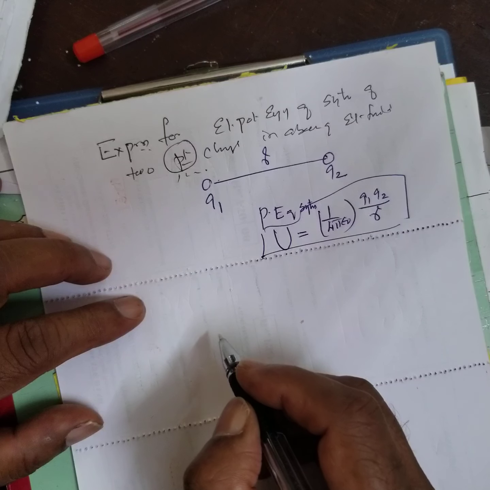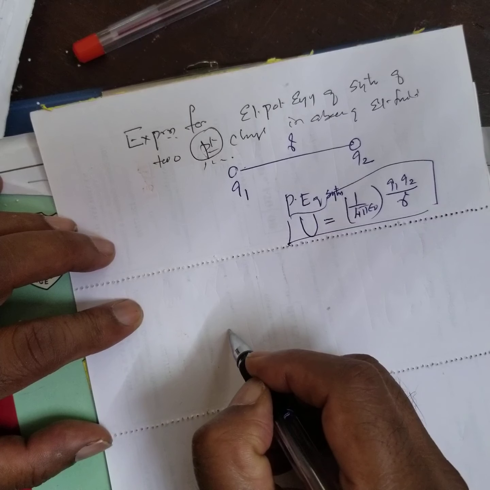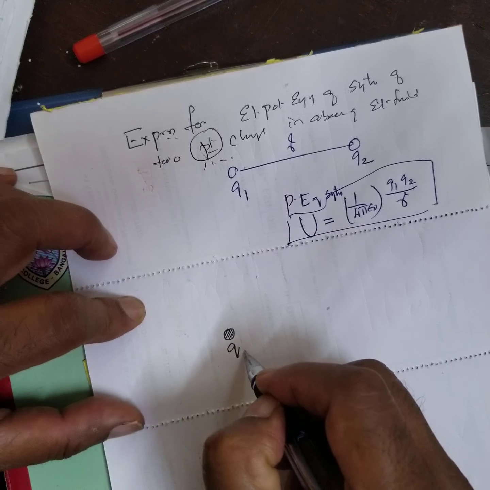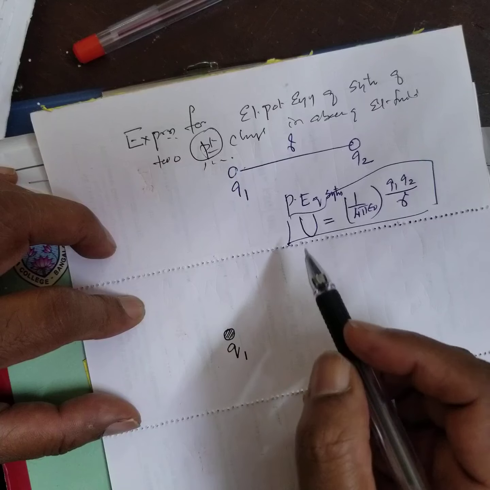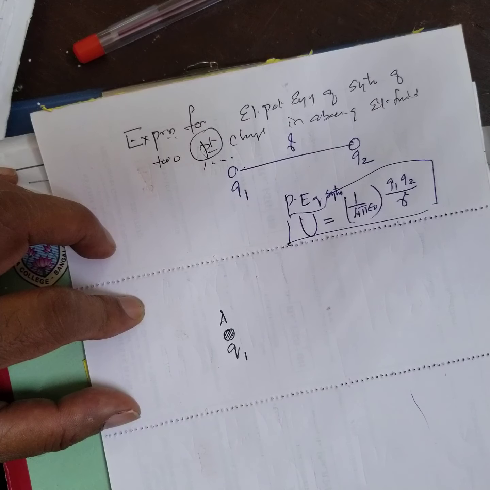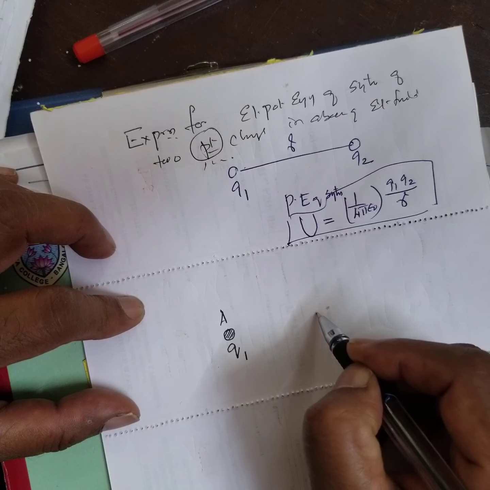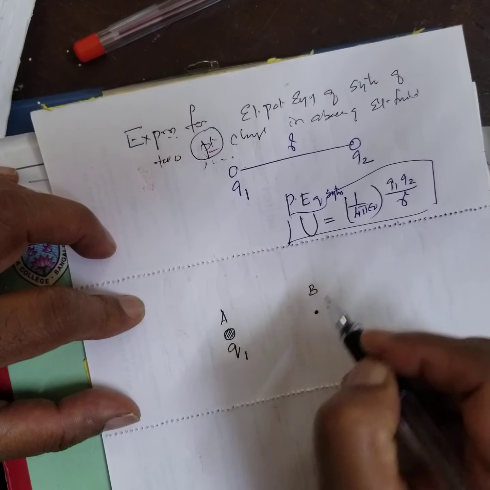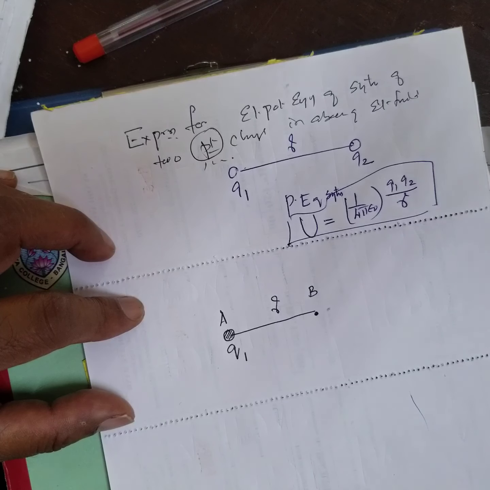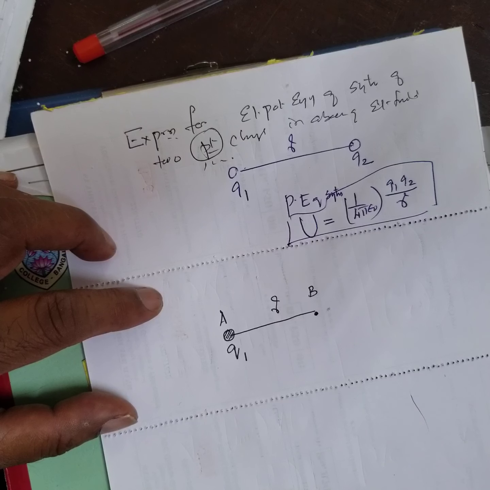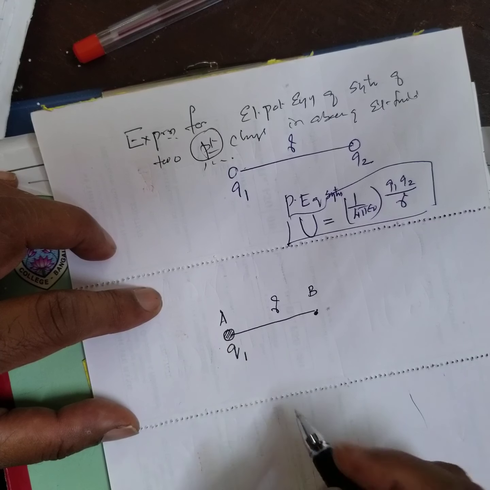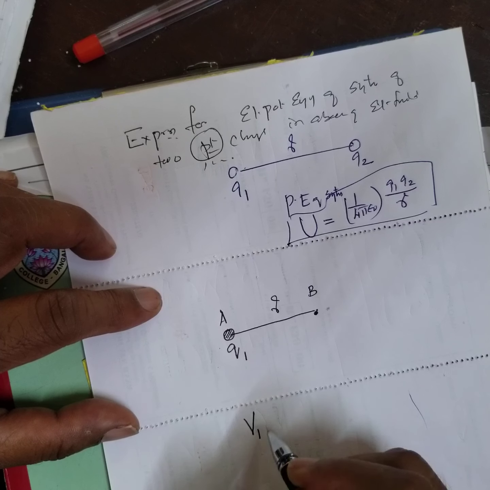See here, consider charge Q1 at a point A. Then consider another point B, which is at a distance of R from the charge A. Therefore, potential at B due to Q1 is V1.